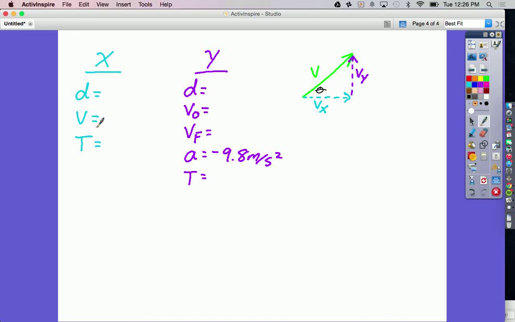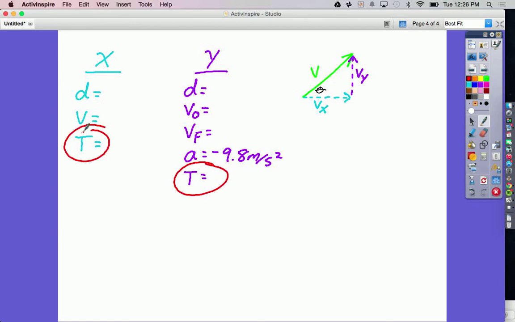If you do not remember how to solve a right triangle, check out the How to Solve a Right Triangle video that's in the dynamics section of my webpage, and that'll help you out. Last little bit of information. How do we go about trying to solve these projectile motion problems? It's all about time.